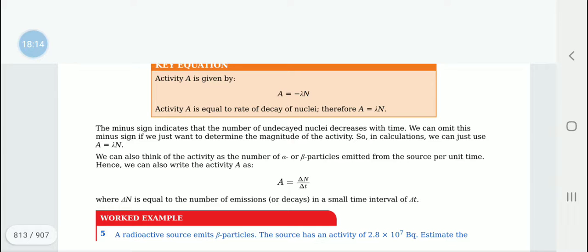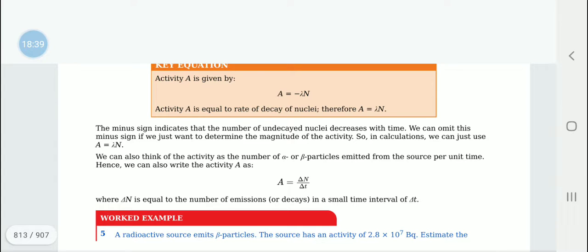The activity can be considered in a different sense as well, as the number of alpha or beta particles emitted from the source per unit time. Then we can write the activity as A = ΔN/Δt, where ΔN is the number of emissions.